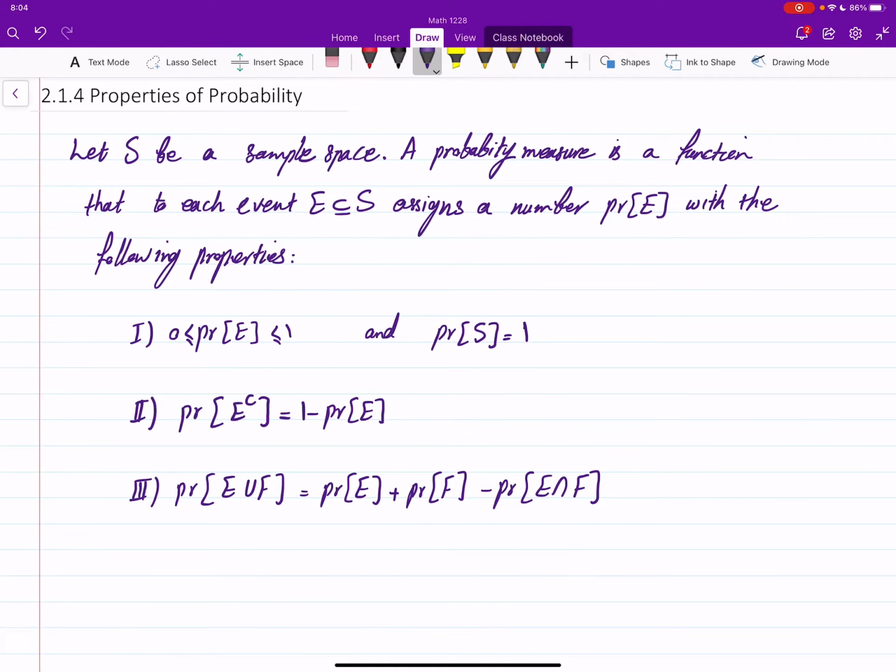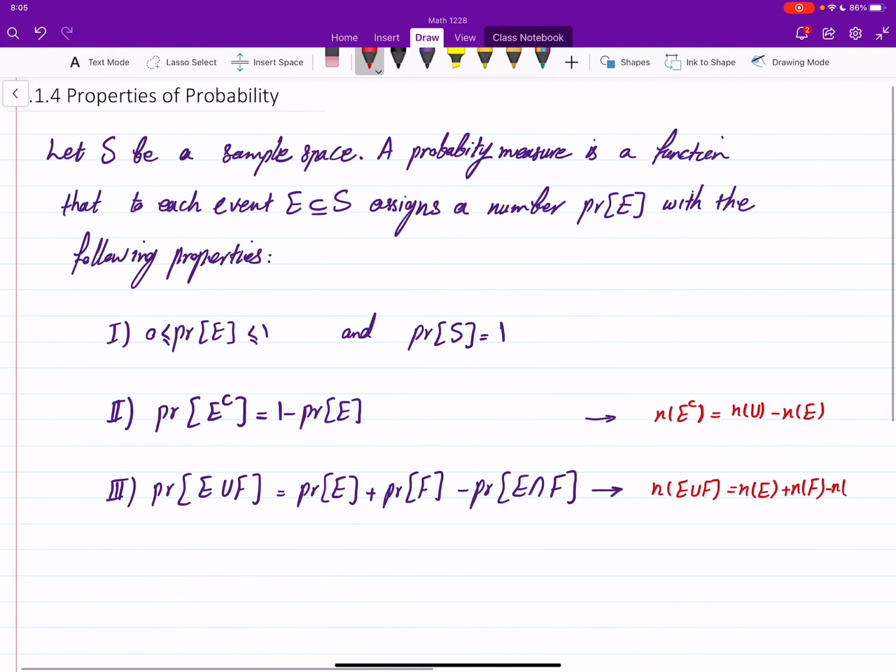Well, these last two properties you should recall from the number of elements for a set. Remember that there we had n of E complement equal to n of S minus n of E, and we had n of E union F equal to number of elements of E plus number of elements of F minus the intersection.